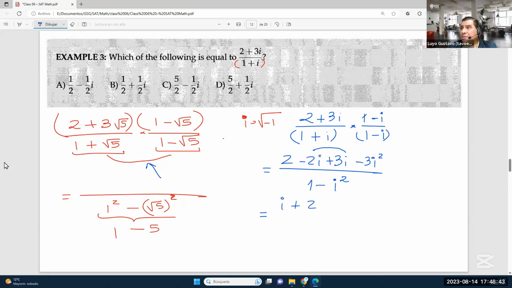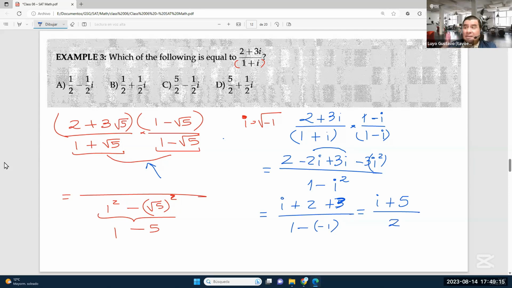And here, because i squared is always -1, -1 multiplied by -3, that's +3. And in the denominator, you have 1 minus -1, which is the square of i, right? So simplifying, i plus 5 divided by 1 plus 1, 2.